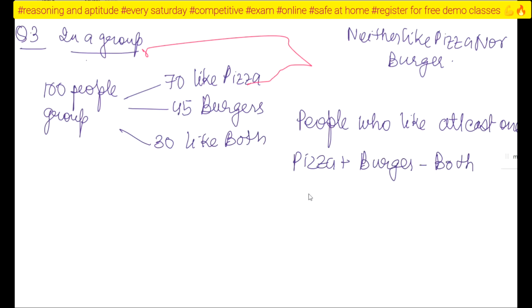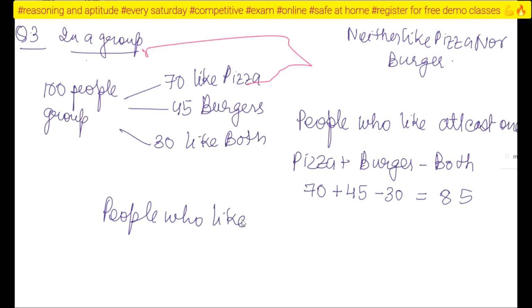So what will you get? 70 plus 45 minus 30, what will be the answer? It will be 85. So now I have a total group of 100 people. So people who like neither pizza nor burger, they don't like anything. So what will it be? It will be 100 minus 85 and I will get the answer 15.